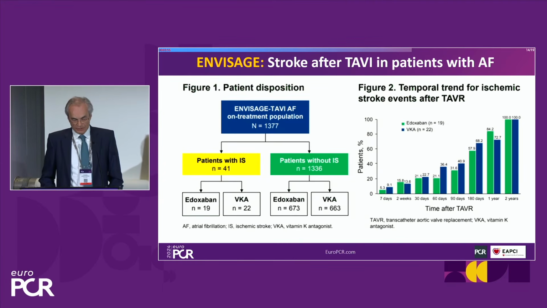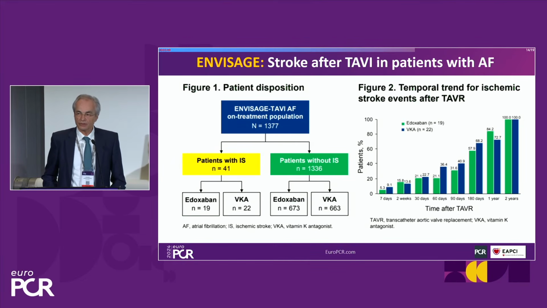Now, what about the strokes after TAVI? We just took advantage of looking into the ENVISAGE database. There were a total of 41 patients out of almost 1,400 that had an ischemic stroke.